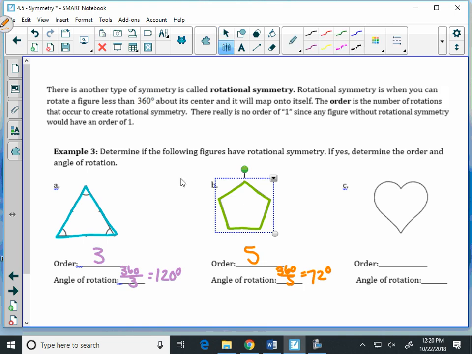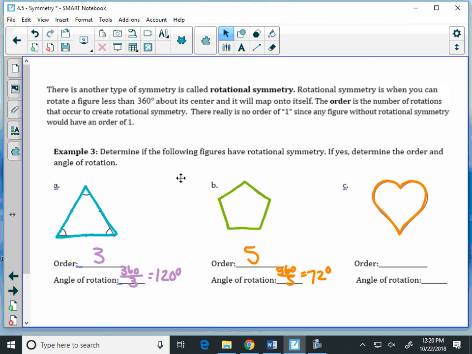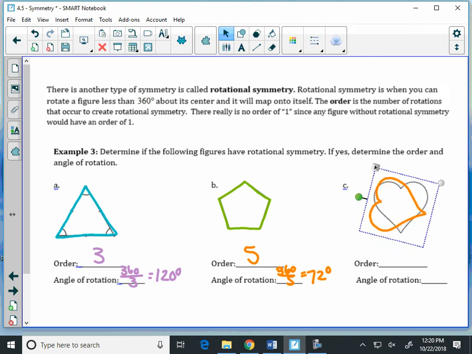And this last one, this part. Is there any way we can rotate this circle? No. Or this heart? We do a full circle and it never mapped up onto itself. It took one full rotation to map up onto itself.